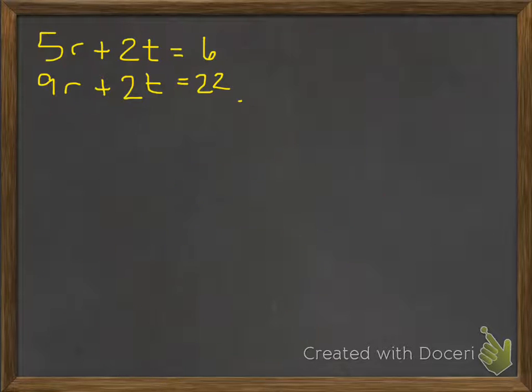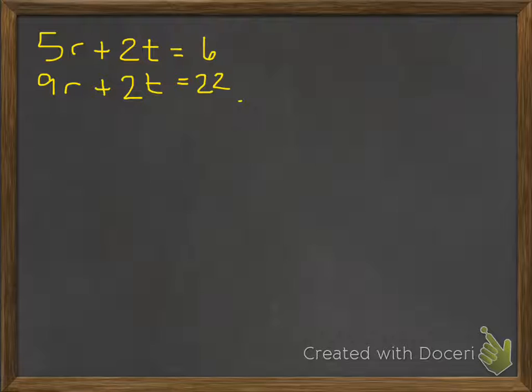So what happens when the numbers are not opposites? If you look at this example, it says 5r plus 2t equals 6, 9r plus 2t equals 22. A big mistake people make is they'll automatically cancel out the t's and say 5 plus 9 is 14. You're already messing up if you do that, because right now the t's are not opposite. They're both positive, so one of them has to be negative. It really doesn't matter which one you make negative.